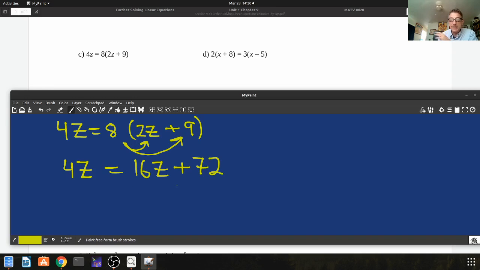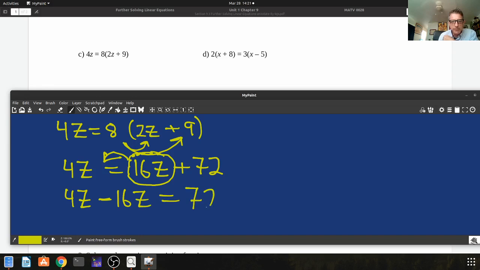So here I need to get the z's on one side by themselves. So I'm going to take this term, 16z, and move it over here in my next step. The price I have to pay is it has to change signs. So that's 4z minus 16z, and since I moved it, the only thing left on this side is 72. So simplifying the left-hand side, 4z minus 16z is minus 12z is equal to 72.